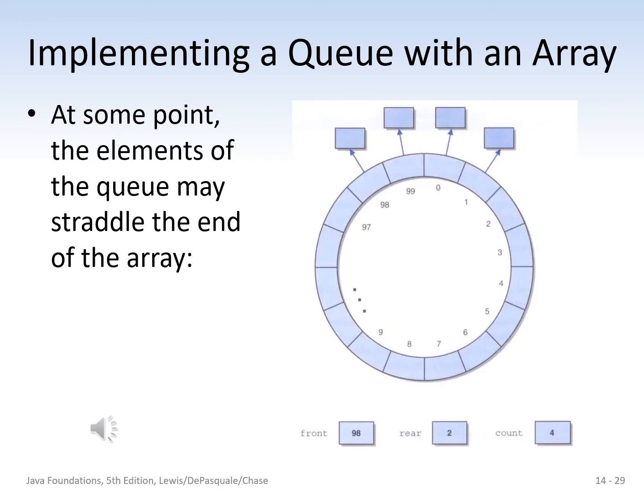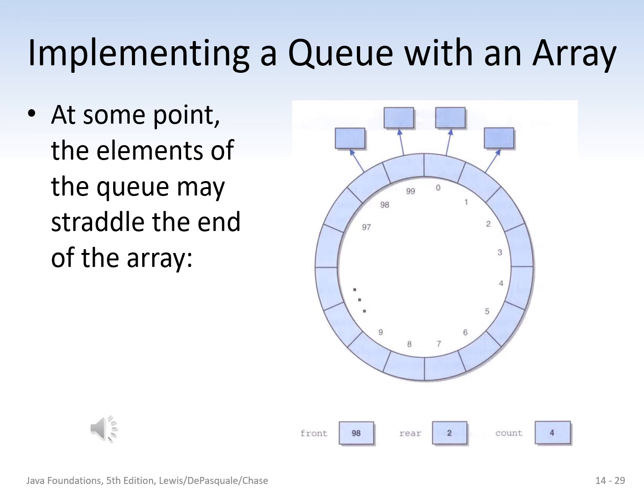Now we come to the inevitable but strange situation where some elements of the queue straddle the end and beginning of the array. So in this case, after moving items onto the queue, enqueuing, dequeuing, we have a situation where the front is at index 98 of an array of size 100.